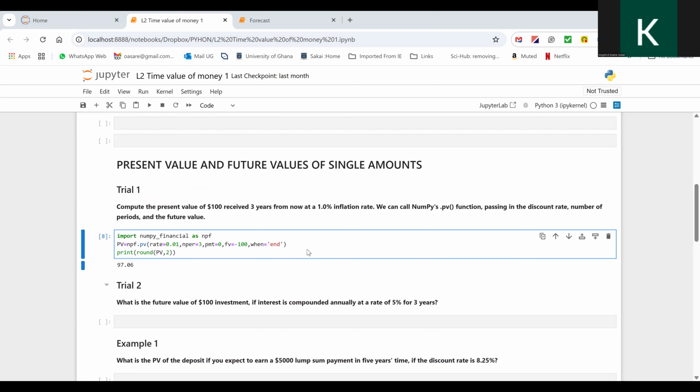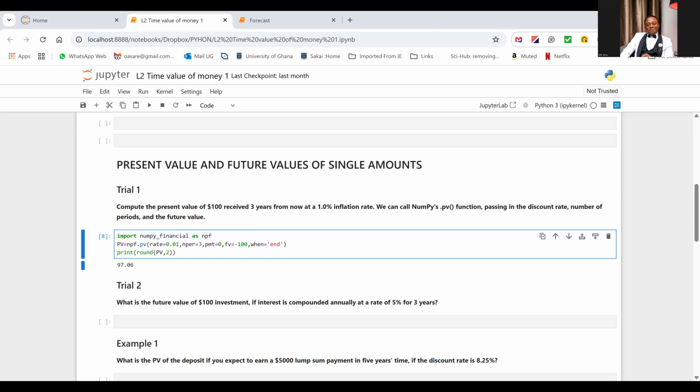I'm matching it with what you shared on the PowerPoint, and I saw that you introduced when is equal to end. It is compared to the code that you typed, npf.pv, here. That one.